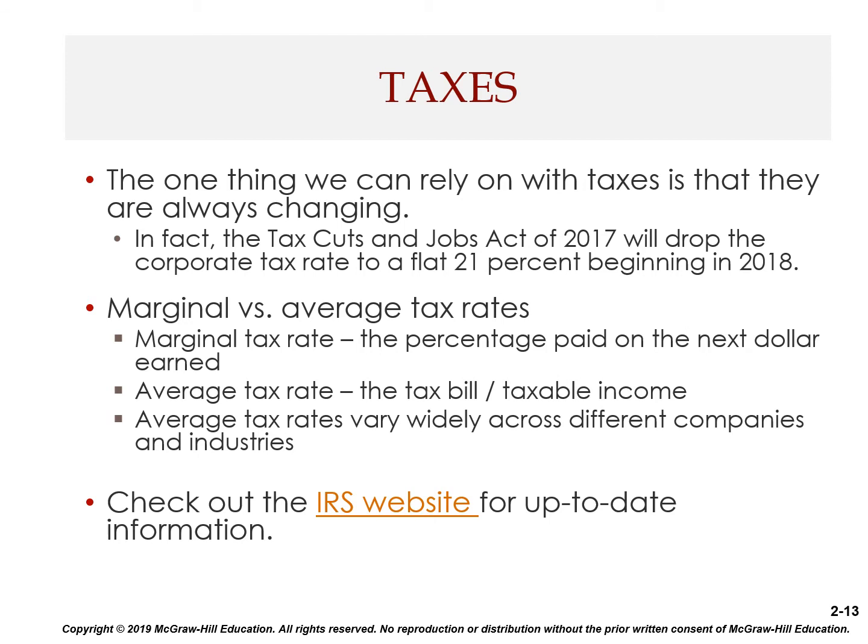For this company, when they do that, their average tax rate is 30.625%. Okay. And this says check the IRS's website for up-to-date information, and I encourage you to go out and take a look. But it's currently at 21% or a flat tax.